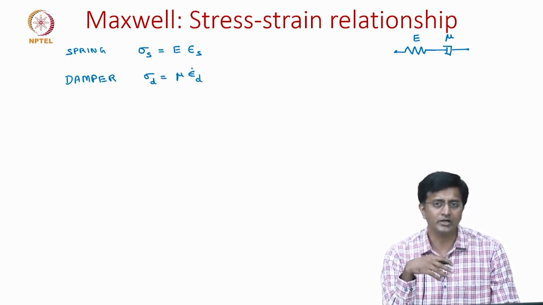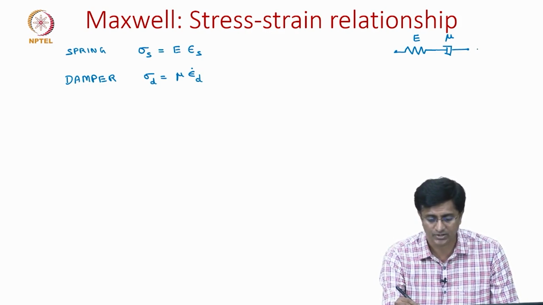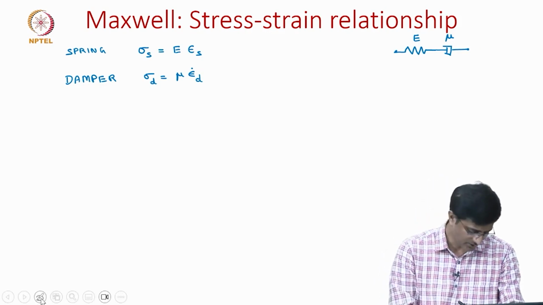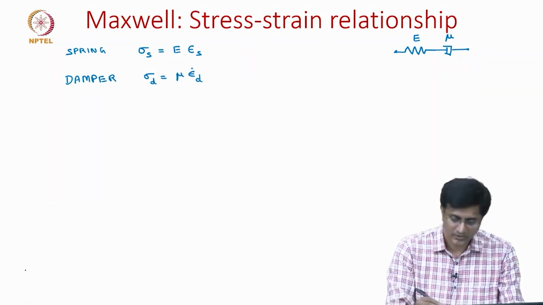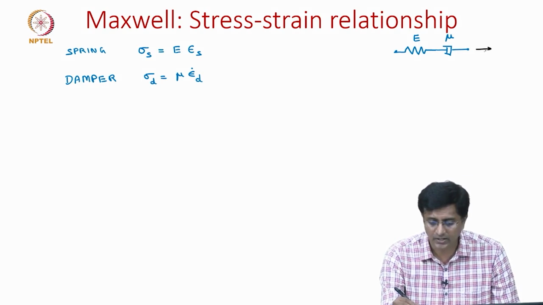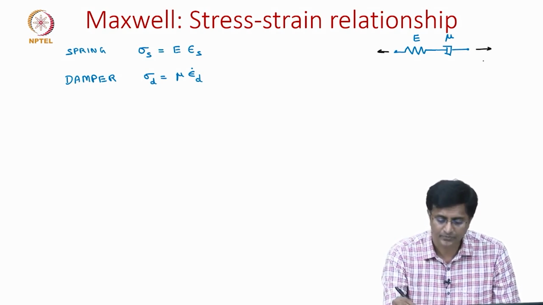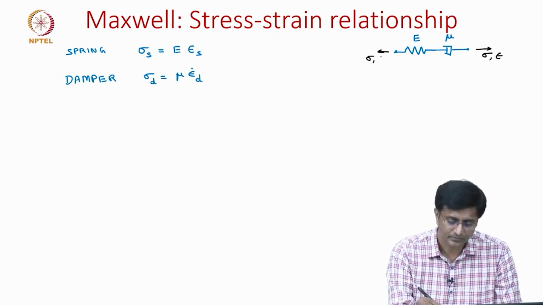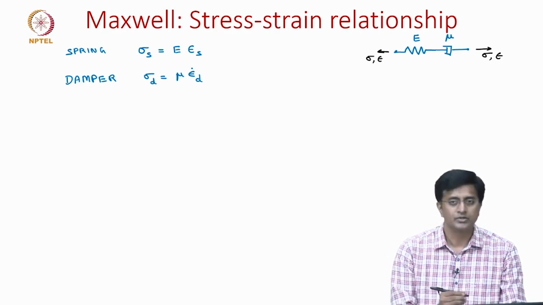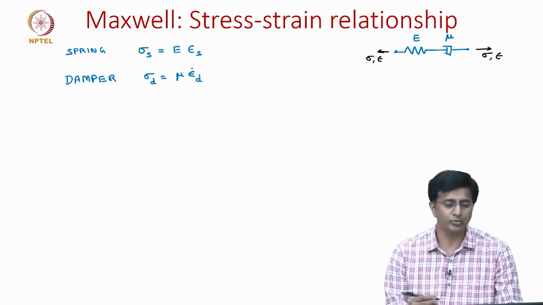Now, let us look at how we get the relations between the applied stresses and the strains, because the applied stress and strain are at the ends, sigma and epsilon. First, let us look at the equilibrium equation.